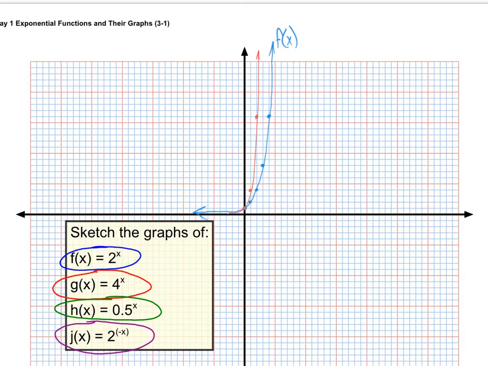Also, notice it's going to approach the x-axis. It's a little hard to see, but it's going to actually approach the x-axis faster as we go to the left. So there's our g of x right there. So you notice the bigger a is, the faster it's going to increase.